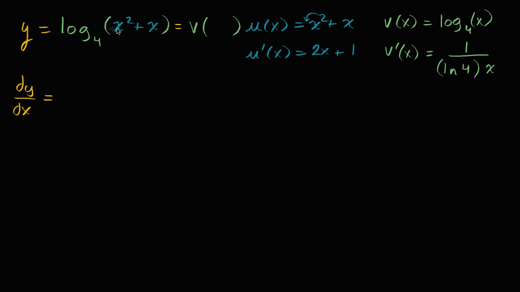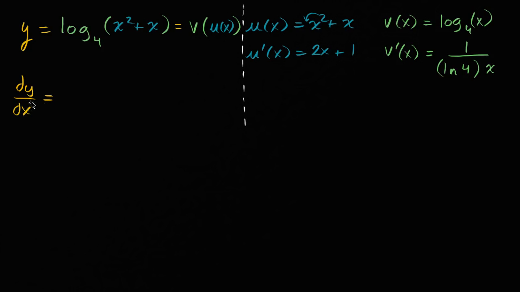remember, v is the log base 4 of something, but it's not v of x. We don't have just an x here. We have the whole expression that defines u of x. We have u of x right there. And let me draw a little line here so that we don't get those two sides confused.